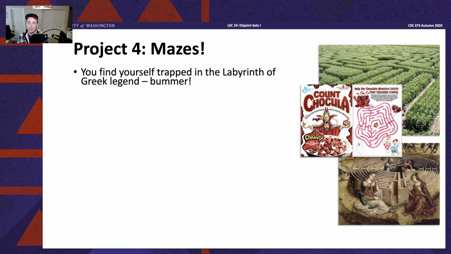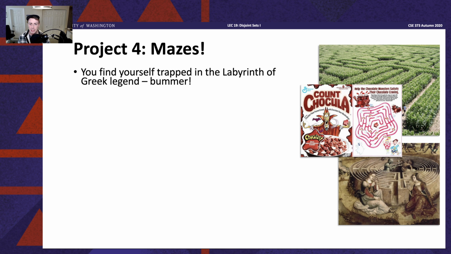Now, why are we going to talk about this ADT? Well, it's going to be really helpful on your next programming project, and it's going to be helpful for dealing with Kruskal's. So on project 4, imagine, ignore COVID for a second. You go out for a nice walk, maybe socially distanced if there is COVID, and you find yourself in a labyrinth of a Greek legend, which is kind of a bummer because those things are usually pretty scary.